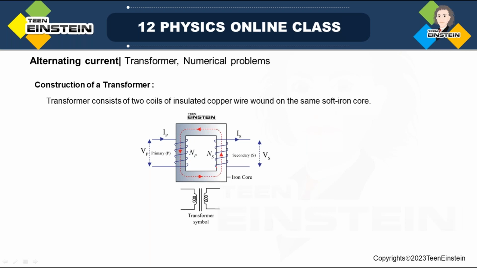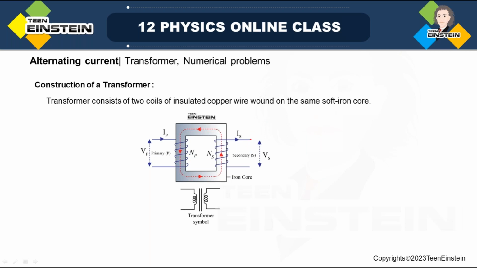See, among these two coils, one coil will be connected to the AC mains. That particular coil is called the primary coil. And the other coil is called the secondary coil. Generally, the secondary coil is connected to the circuit connected to the appliances.